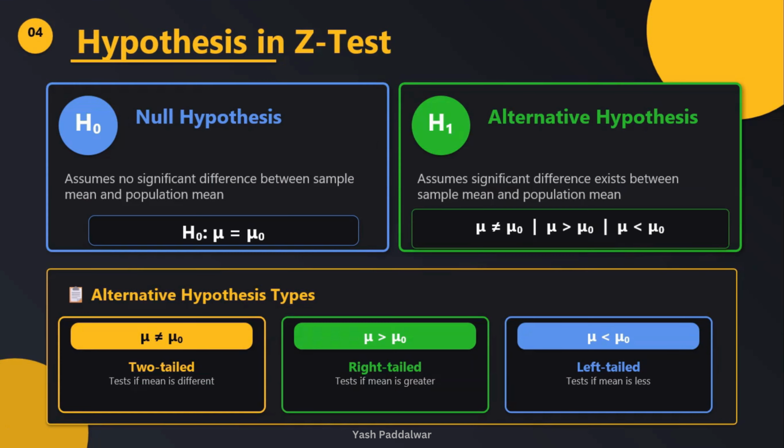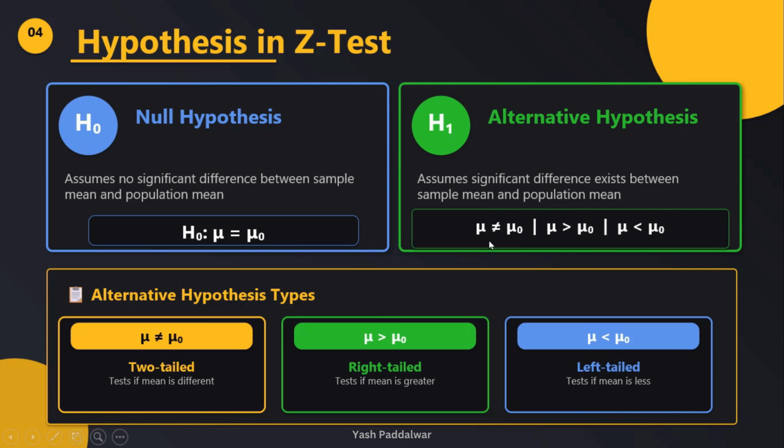Now let's talk about the hypotheses in Z test. There are two hypotheses, as you already know. First is the null hypothesis and second is the alternative hypothesis. The null hypothesis assumes no significant difference between your sample mean and population mean. It says that they are approximately equal. The alternative hypothesis assumes that there is a significant difference between the sample mean and your population mean.